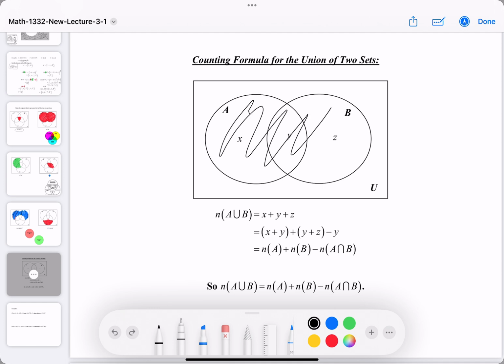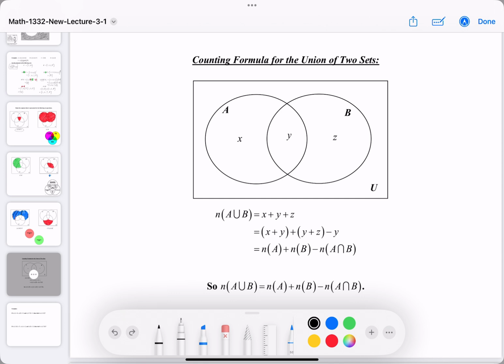A union B is the shaded area. That's x plus y plus z. And how about x, y, z? They are not given.